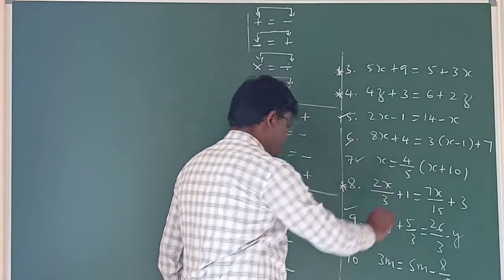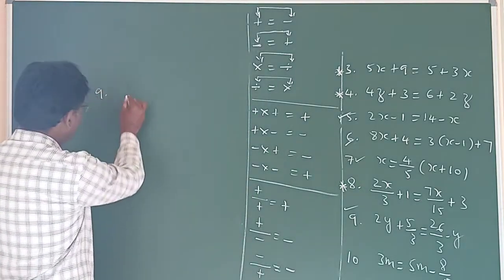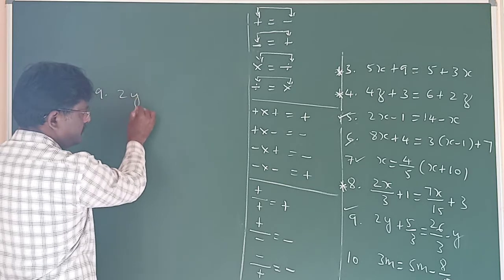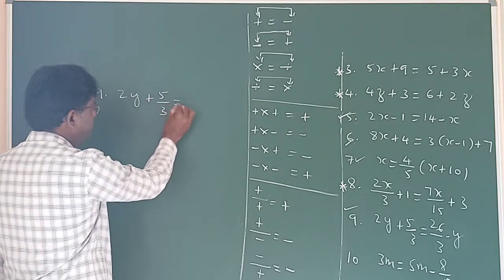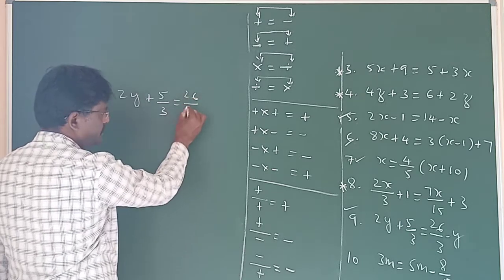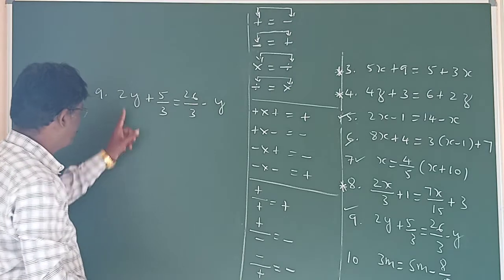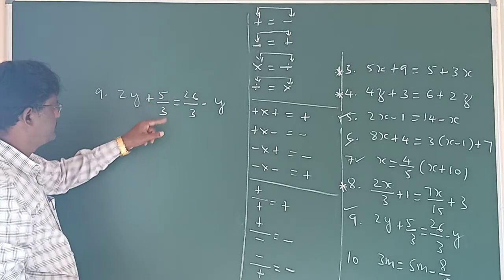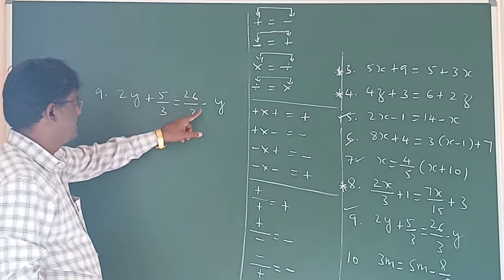Next, now we shall take the ninth one. 2y plus 5 by 3 equal to 26 by 3 minus y. 2y plus 5 upon 3 and then 26 upon 3 minus y.